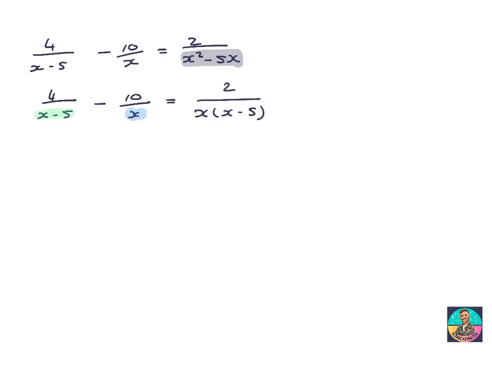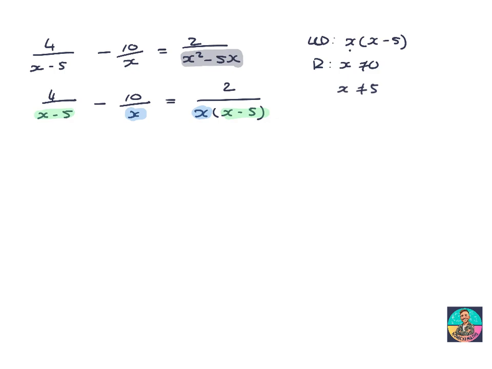The other denominator is x. And as we have it, the denominator on the other side of the equal sign is both of those combined. And so that's quite nice, because then we can say our LCD is x and x minus 5. And so my restriction would then be x cannot be 0 from that one, and x cannot be 5.